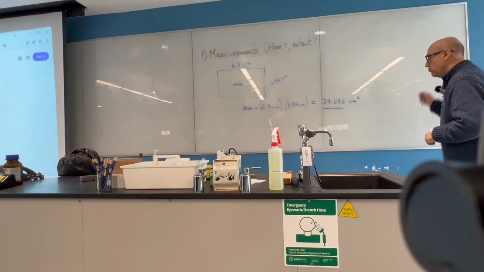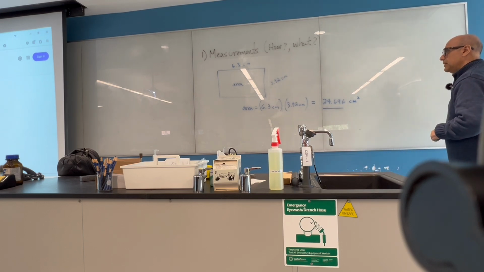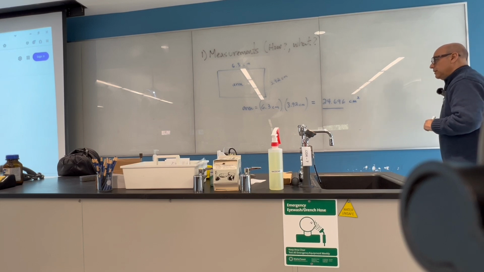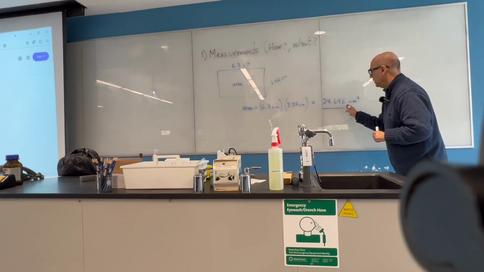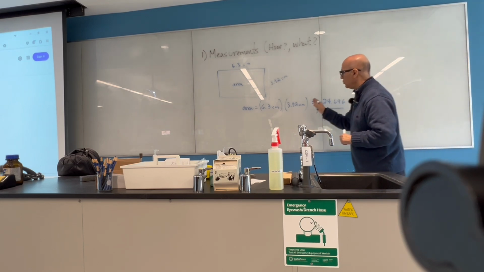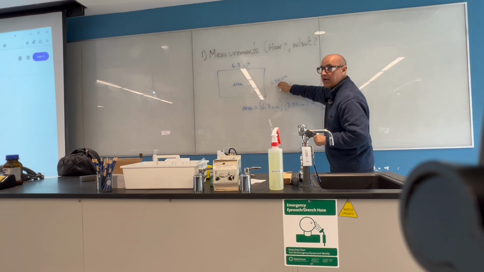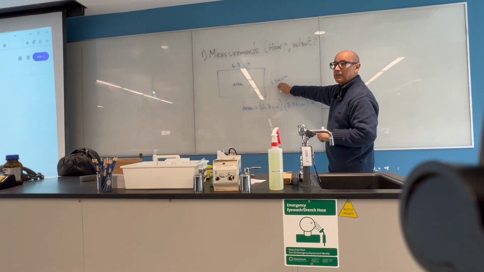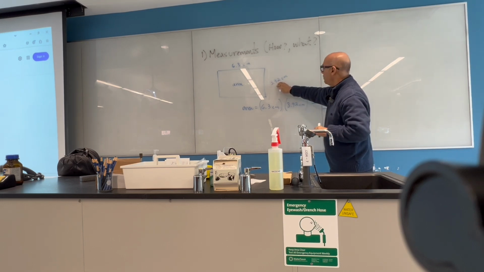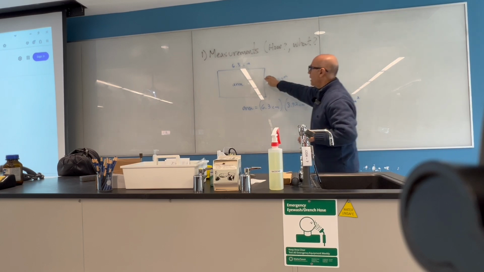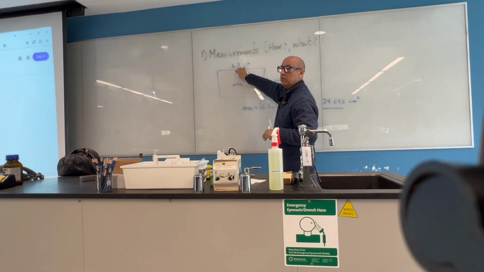Is that okay to report as the area? It is not, because it's misleading. It's giving me more precision than my more precise tool. More importantly, it's giving me way more precision than my least precise tool.